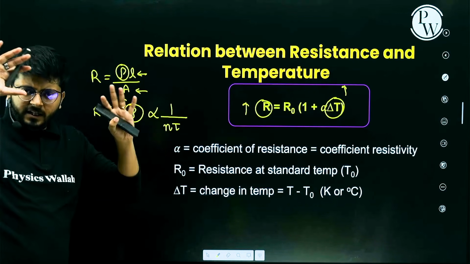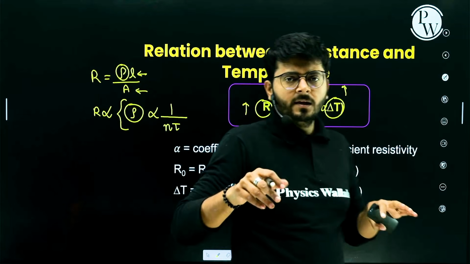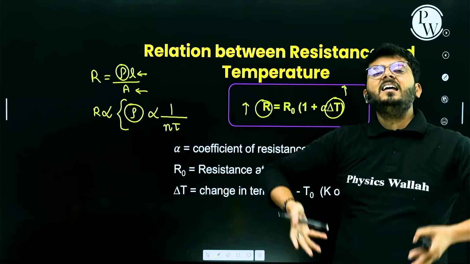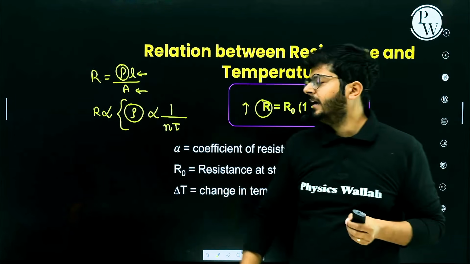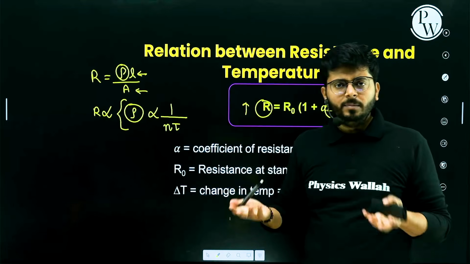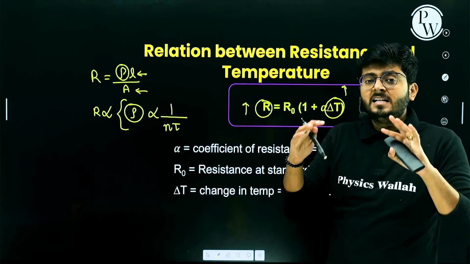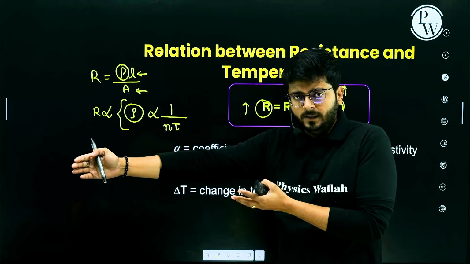If the material has more charged particles in a unit volume, it's a good conductor, so the resistivity will be lesser, right? And if the conductor has higher relaxation time, it means charged particles can move easily through it, so the resistivity will be less. Resistivity of the material tells how difficult it is for the current to move through it.